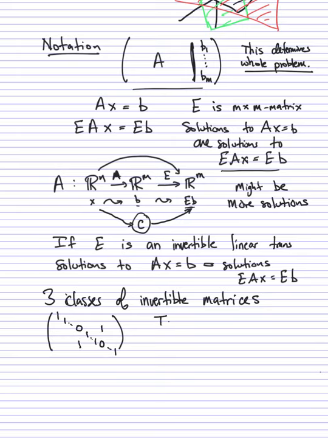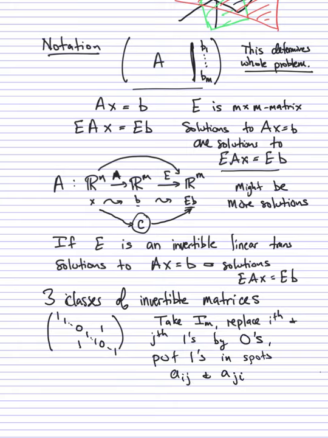In other words, you take Im, you replace the ith and jth ones by zeros, and then you put 1s in the spots Aij and Aji.